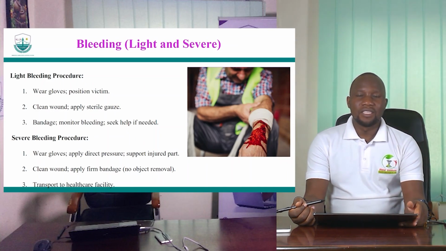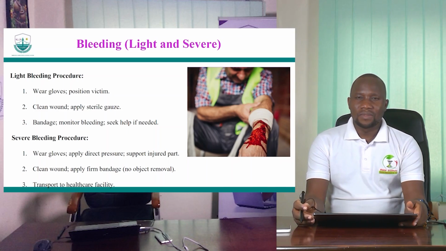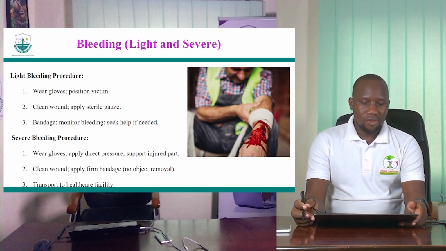Bleeding, it could be because of a cut, it could be because of a gunshot wound, it could be because of many issues. This bleeding can be categorized into two. It could be heavy bleeding or light bleeding. For all cases, regardless of whether it is light or heavy bleeding, what we call severe bleeding here, make sure that you put on gloves before you touch the patient.